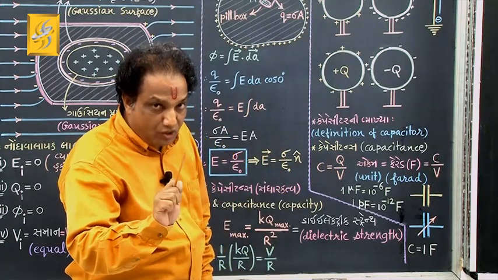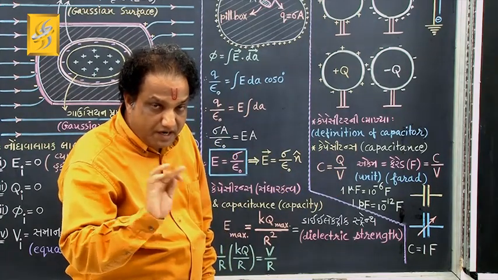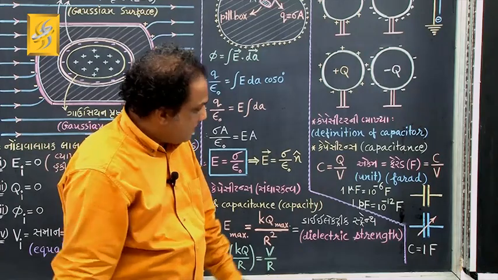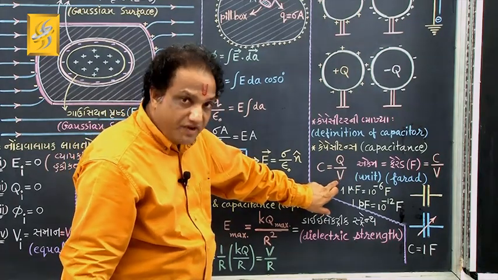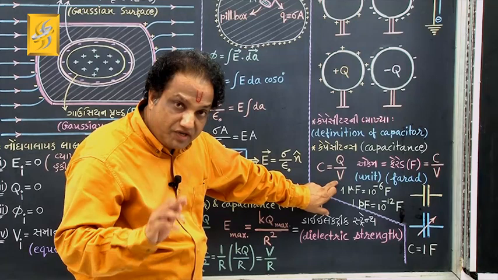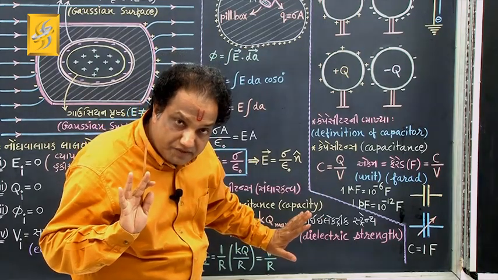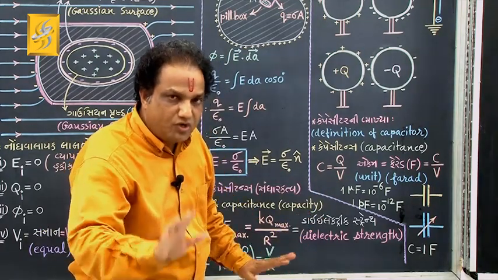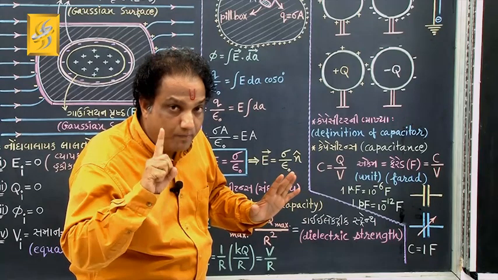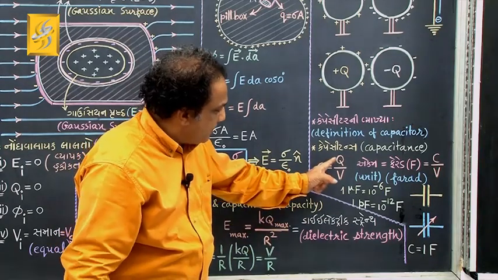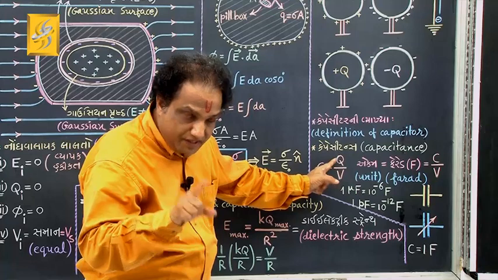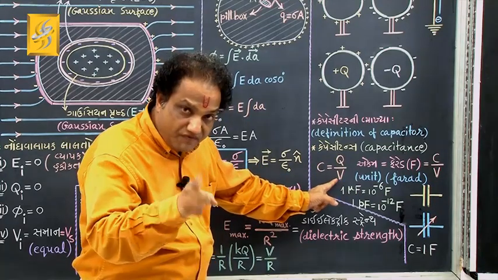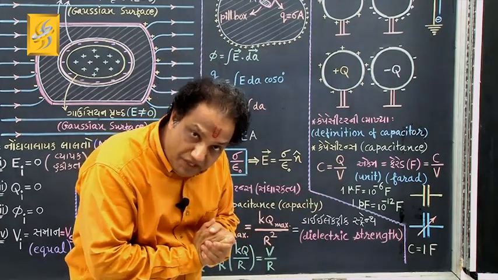It is the magnitude of charge on either conductor of a capacitor, and V is the potential difference between the two conductors in a capacitor. Okay? Normally we do not call them conductors, we call them plates. So this is the magnitude of charge on either plate, and this is the potential difference between the two plates of a capacitor.